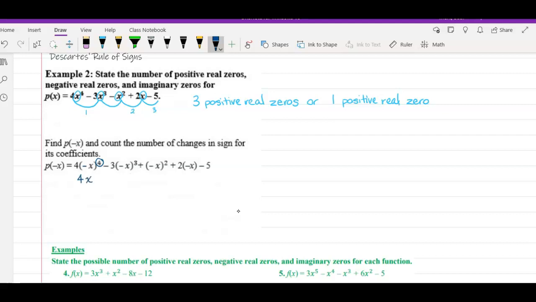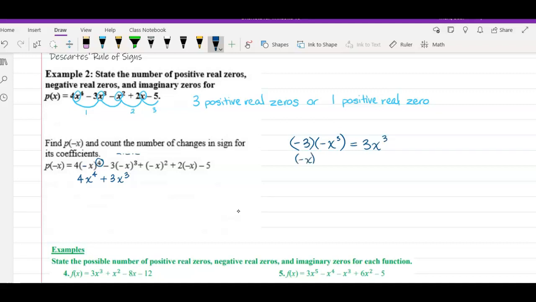So my first term simplifies to 4x to the 4th. What happens here if I have a negative raised to the 3rd power? Negative times negative times negative is negative x cubed, times negative 3 makes positive 3x cubed.